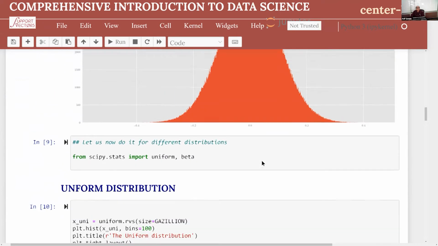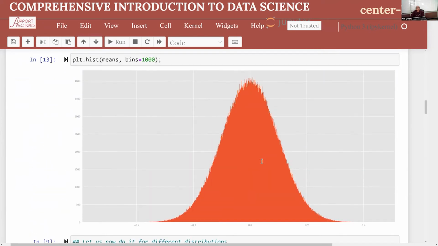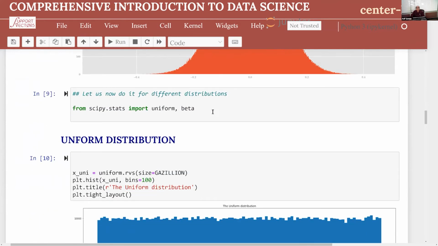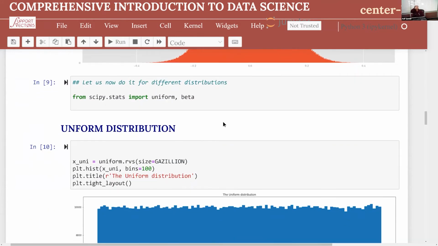We are now going to do another distribution. The two distributions we will take are uniform and beta. A uniform distribution says there is equal probability of any of the values. And beta is one of the lovely distributions that shows up in survival analysis and just about anything.